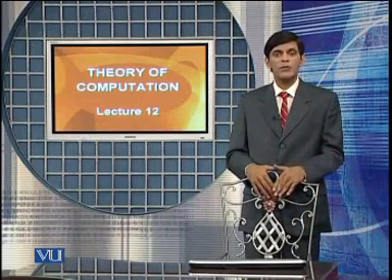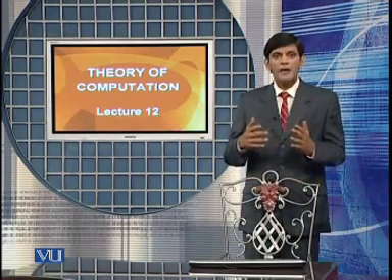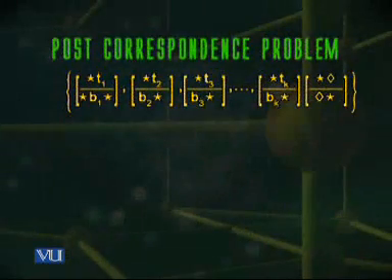Let's look at this collection once again and look at all the top and the bottom strings that appear in this collection. You will notice that all the top strings start with a star.